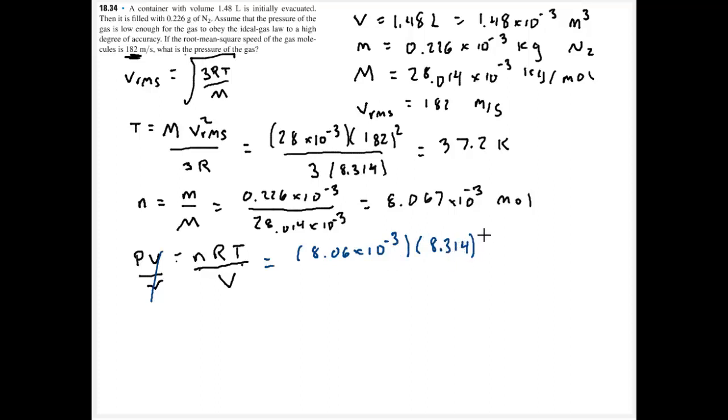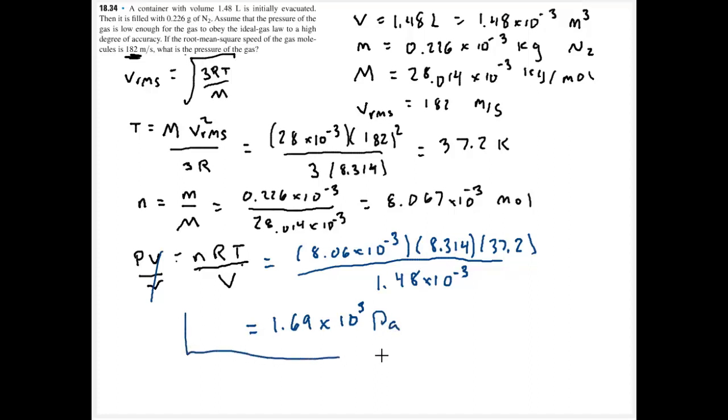Got my temperature from earlier, 37.2 Kelvin. And got my volume, 1.48 times 10 to the minus 3 cubic meters. I plug all that into my calculator and I come up with 1.69 times 10 to the third pascals. That's going to be my pressure.